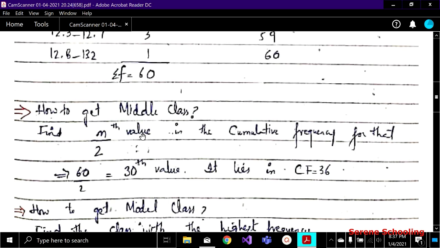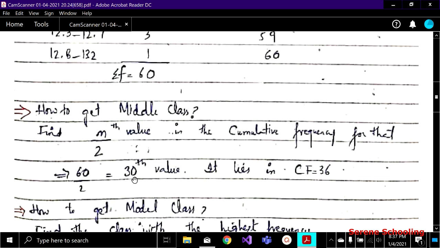So how do we get the middle class? Find the n by 2th value. This doesn't mean that you simply divide the total number of values, that is 60, by 2, which gives us 30, so that 30 is our median. 30 is not the median, but the value at the 30th position will be our median.